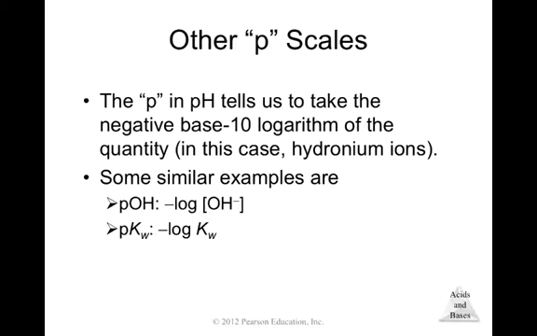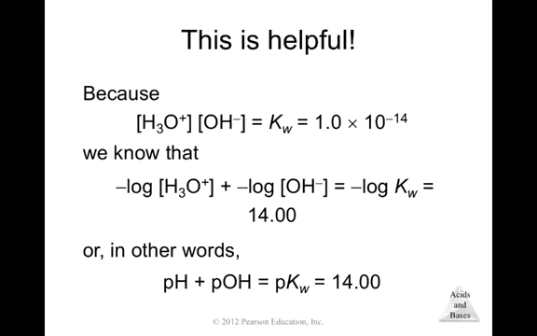The P in the pH tells us to take the negative base 10 log, like we said. In this case, it's going to be the hydronium ions, but you can also do the same thing with OH. So the pOH is just the negative log of the OH minus concentration, or the pKw is the negative log of Kw. Whenever you see that P, that just means negative log of something. So why does that matter?